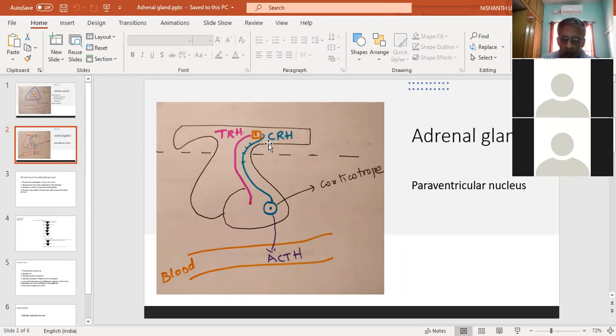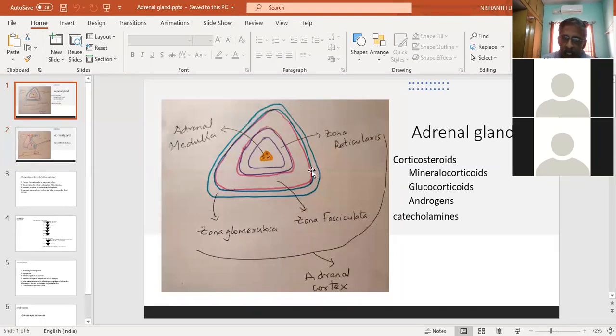The hormones which don't have any specific action, not producing any body action, are called tropic hormones. So CRH as well as ACTH are both called tropic hormones because they don't have a specific function on the body. They activate other hormones in the body. So which hormones are they activating? The hormones which are present in the adrenal cortex.